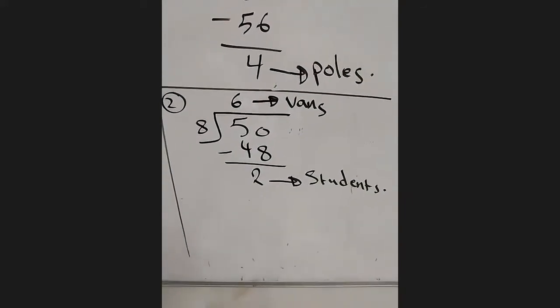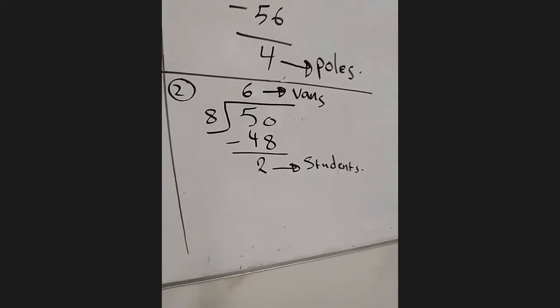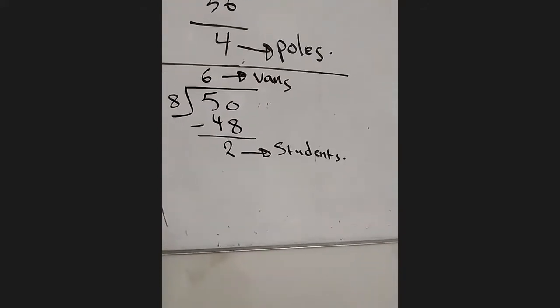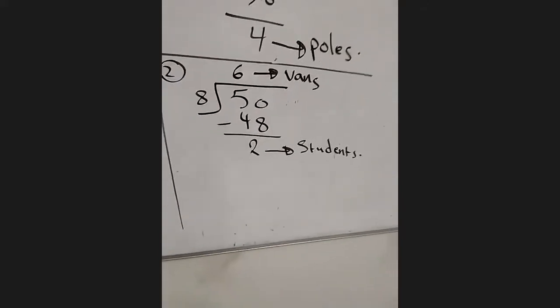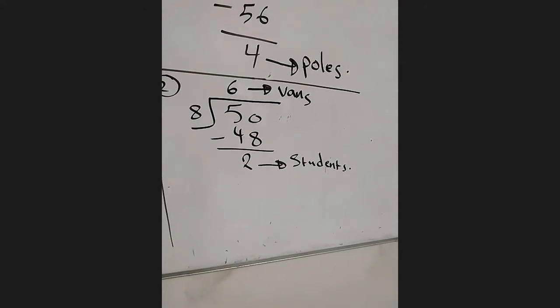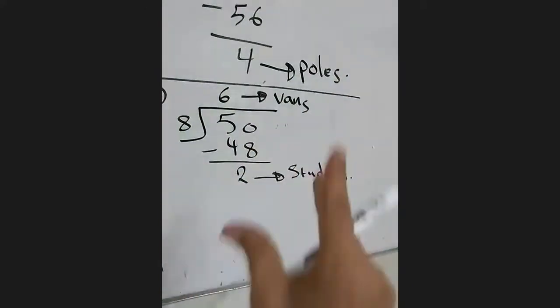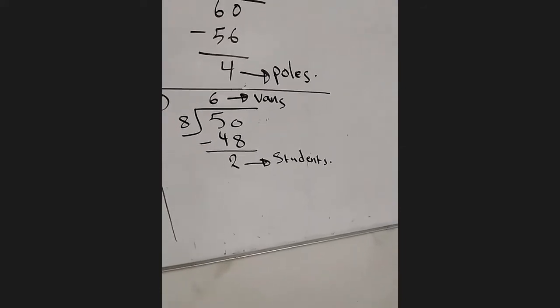What will we do, Hashim? Will we kick them out of the school and have no trip, or what do we need to do? We will add another van. We will get another van for these 2 students, right? Yes. So how many vans do we need? 7 vans. Excellent, boy.